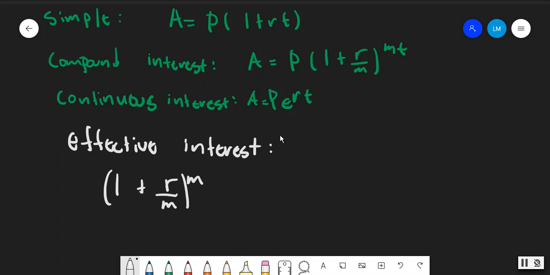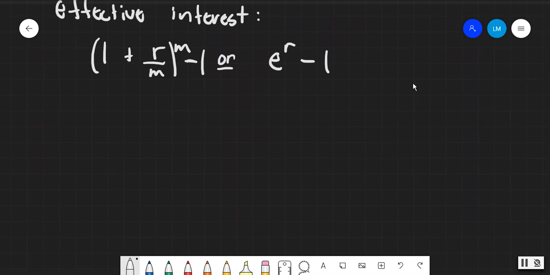In this case, it's looking at the effective interest over just 1 year, so we don't really look at the principal amount because technically we wouldn't need it in either case. The other possibility is that you would be looking at e to the r, minus 1. Yeah, it's minus 1, sorry. So basically, it's either of these two formulas.